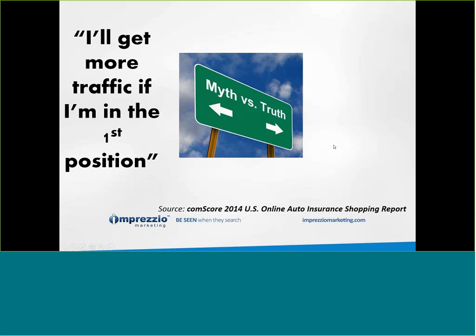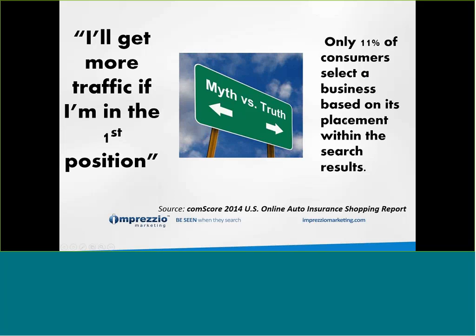One of the common myths I hear from a lot of agents is they feel they will get more traffic if they're in the #1 position online. But the fact, again from ComScore, is that only 11% of consumers actually select a business based on where they find them in the search results.